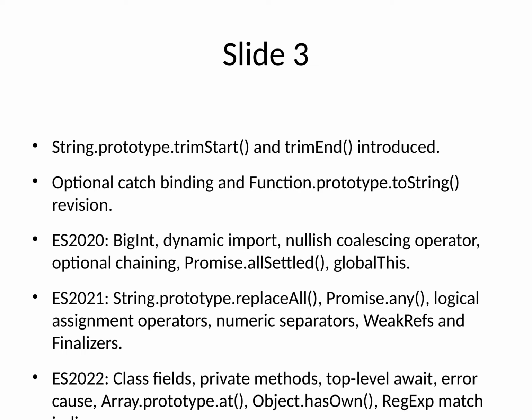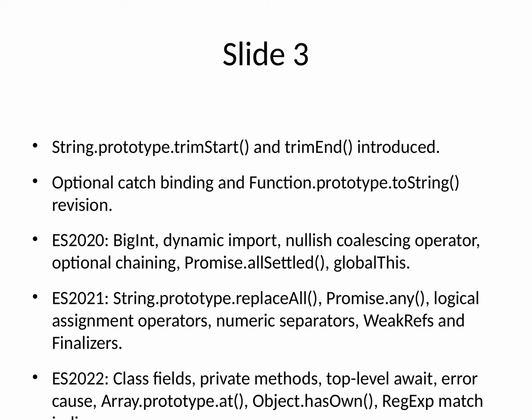Additionally, the optional catch binding feature simplifies error handling, while the Function.prototype.toString revision ensures more consistent function string representations. Moving to ECMAScript 2020, or ES11, we see the introduction of the BigInt primitive type for handling large integers, dynamic import for modular code loading, and the nullish coalescing operator, which provides a more precise way to handle null or undefined values.